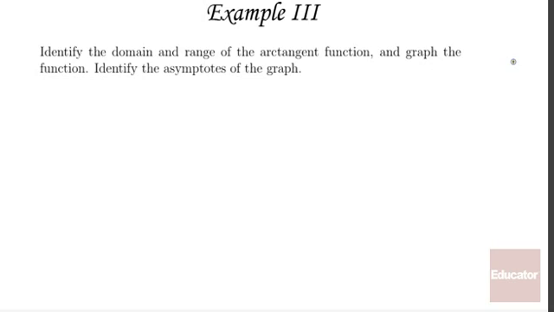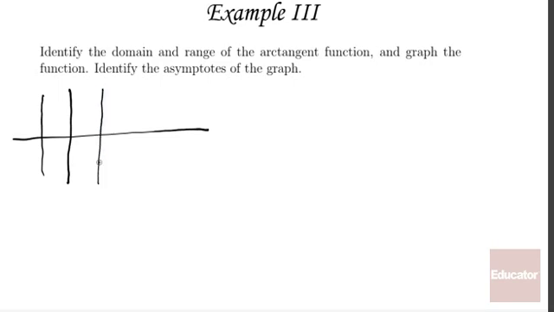In our third example here, we're asked to identify the domain and range of the arctangent function and graph the function. Well, remember when we graphed arcsine, we started out with a graph of sine. So let me start out here with a graph of tangent. I'll graph it in blue. It has asymptotes at pi over 2, and then it starts repeating itself.